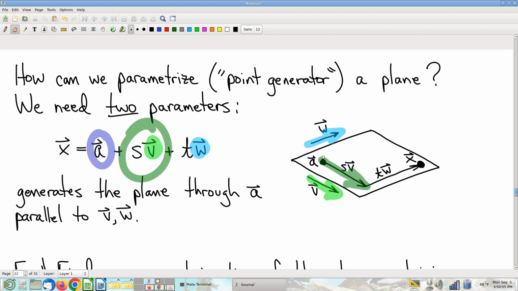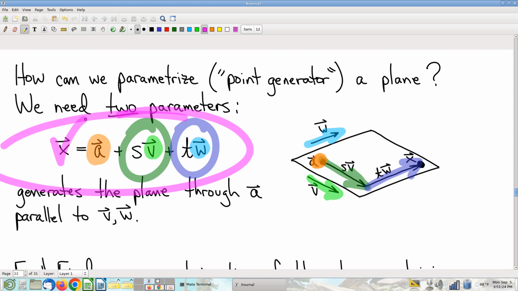You know what? Let me redo this in orange. All right, here we go. And then you can go as far as you want in the other direction as well. And so from any starting point in the plane, you can go as far as you want in either direction, therefore to get to any other point in the plane. Right, so altogether, this is going to generate all of these points x in the plane.